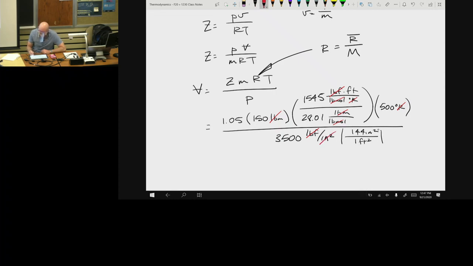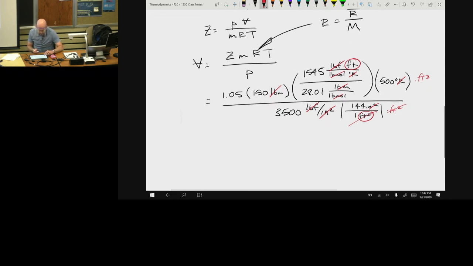Now with my inches squared canceled, what I'm going to have is feet cubed. You have to do a little bit of mental gymnastics to get that feet up there, but if I multiply the bottom by feet squared and the top by feet squared, then this cancels off, and I have units of feet cubed in the numerator, which is what I want.